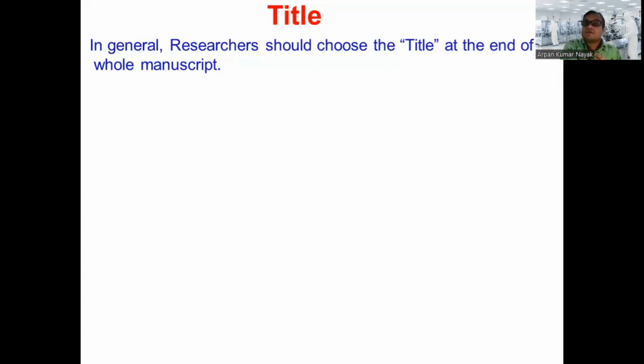So if the title is good, or the title is attractive, then your paper will be searched by maximum readers, and it will also lead to higher citations. So choosing a title is crucial and important for a particular scientific article.